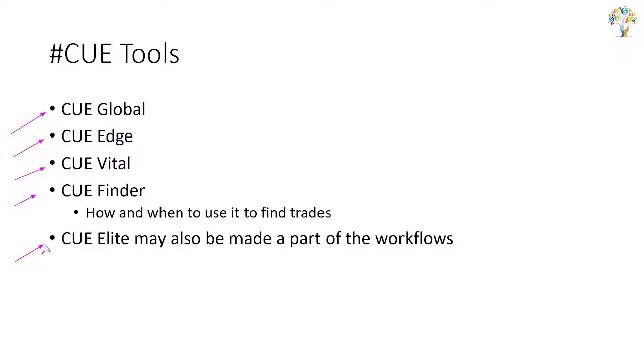Q Elite, as I mentioned, is the platform on TradeStation that allows us to do the technical analysis. That is the equivalent of Q Global on Metastock. So the work that I'm going to show using Q Global, you could do in Q Elite while keeping the rest of the platforms the same.